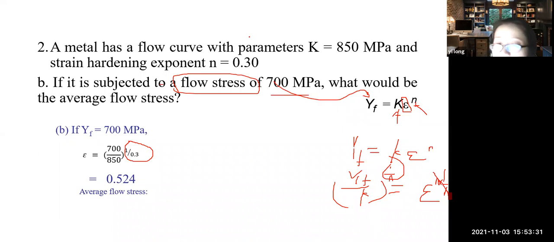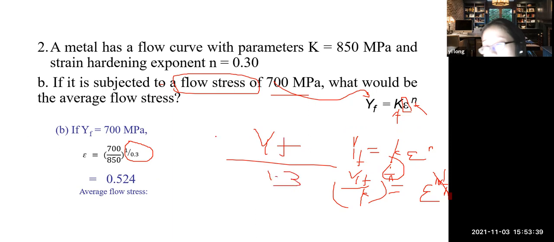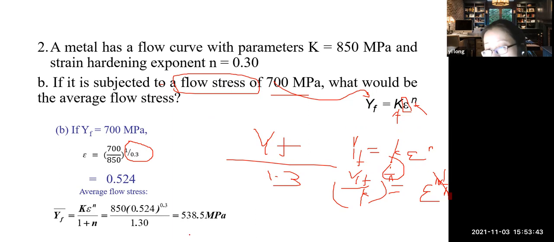Yes, you're correct, Karen, there's no need. Of course, there's no need. Simply just YF over 1.3. So what will be the average flow stress? It's the same as this, which is actually just 700 over 1.3.